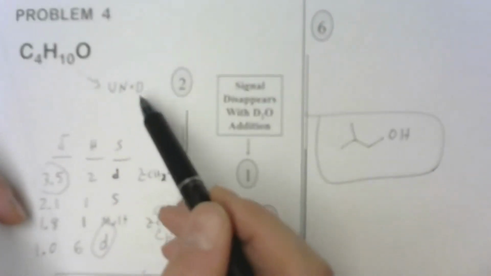UN was 0, so no double bonds, and it was a pretty simple 4-carbon alcohol. It was just isobutyl alcohol. Remember isobutyl? That's an isobutyl, a functional group from chapter 2 when you learned about branched substituents. Isobutyl alcohol. Okay, let's try number 5.